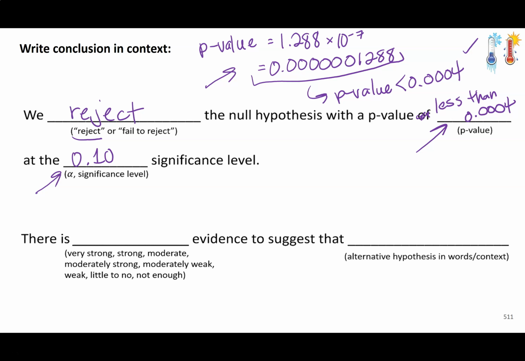which is very statsy-like, right? So if you tell your grandmother, she'll nod her head and go, that's nice, dear. And then here's the sentence, that translation sentence. So we have very strong or convincing evidence here, because that p-value is tiny, to suggest that. So now I need to say the alternative hypothesis, but in context.